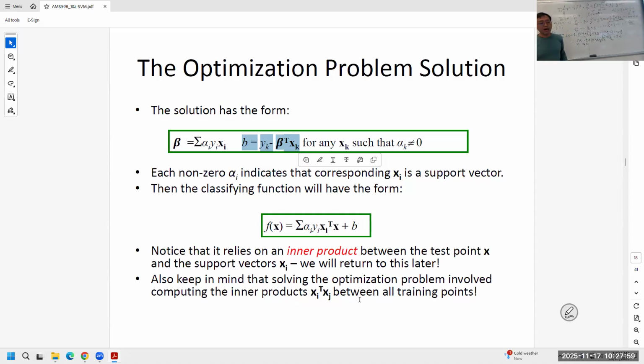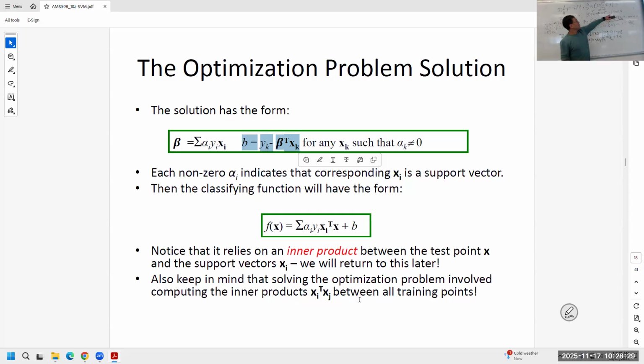Now, if this is equal to 1, remember what yi is. yi is equal to 1 or negative 1. So therefore yi squared is equal to 1, right? Because it's equal to 1 or negative 1. So then beta transpose xi plus b is going to be equal to yi, because you can cancel one of the yi on both sides.